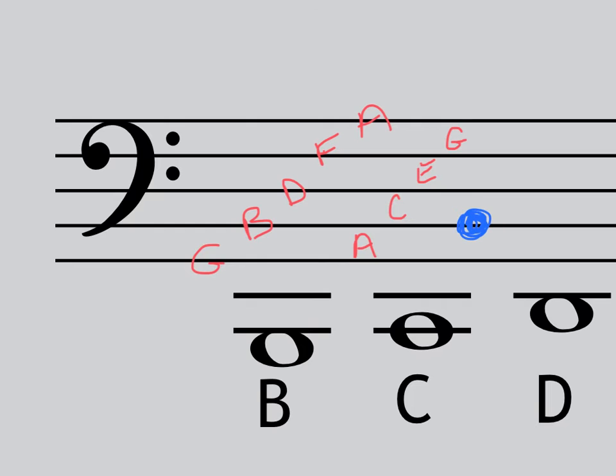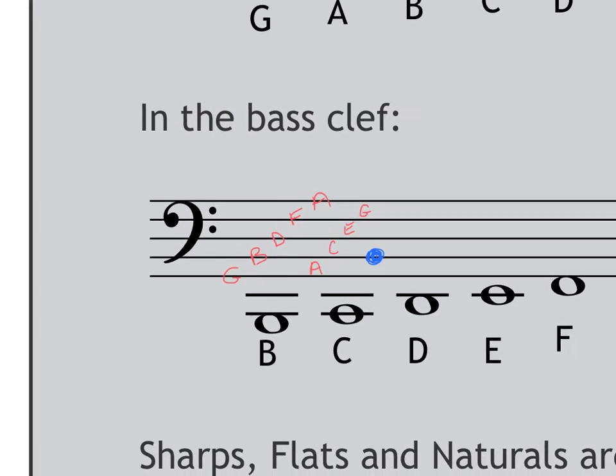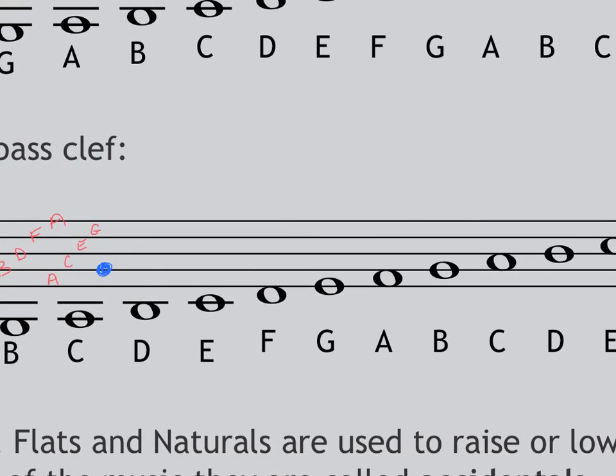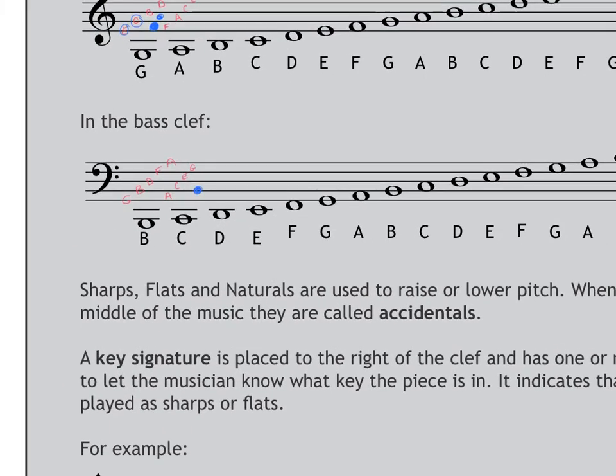Well, B. Or don't even go that far. I know that here's A, and this one is up one step. So up one step means forward through the alphabet. That's all I really have to do. Okay, that second line is a B line, and if we scroll across, we would see that B right there on that second line. Okay, so there's your review.